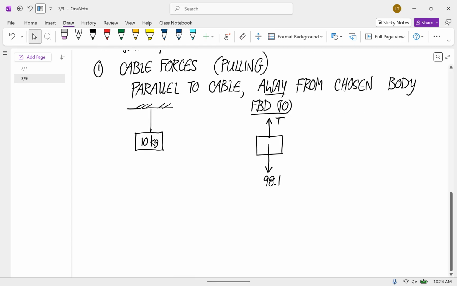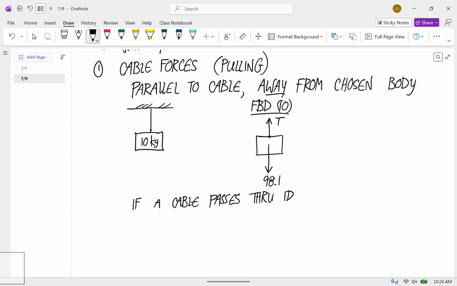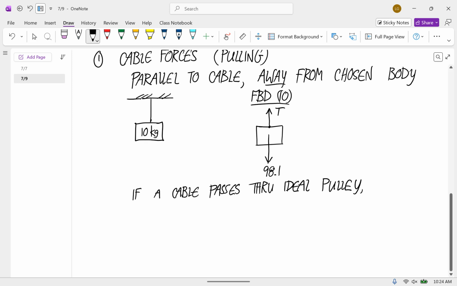And a lot of times these cables will go over pulleys, through pulleys. So if a cable passes through a pulley, I'll call it an ideal pulley, all the pulley does is change the direction of that force, not the magnitude.